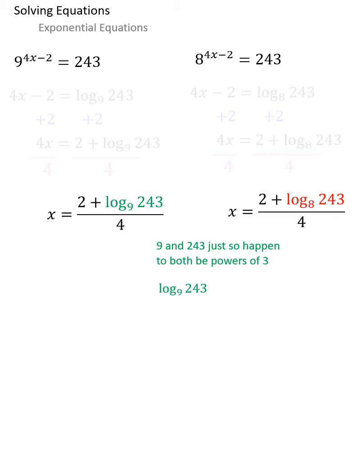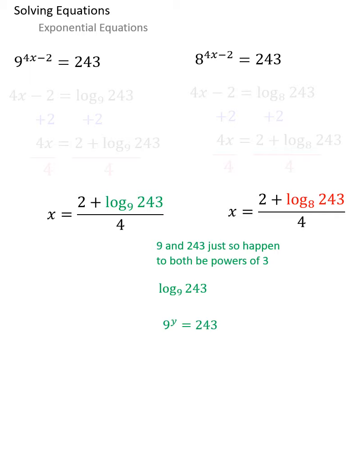Watch as I simplify log base 9 of 243, using the fact that 9 and 243 are both powers of 3. To simplify this logarithm is the same as to solve for y in this equation.